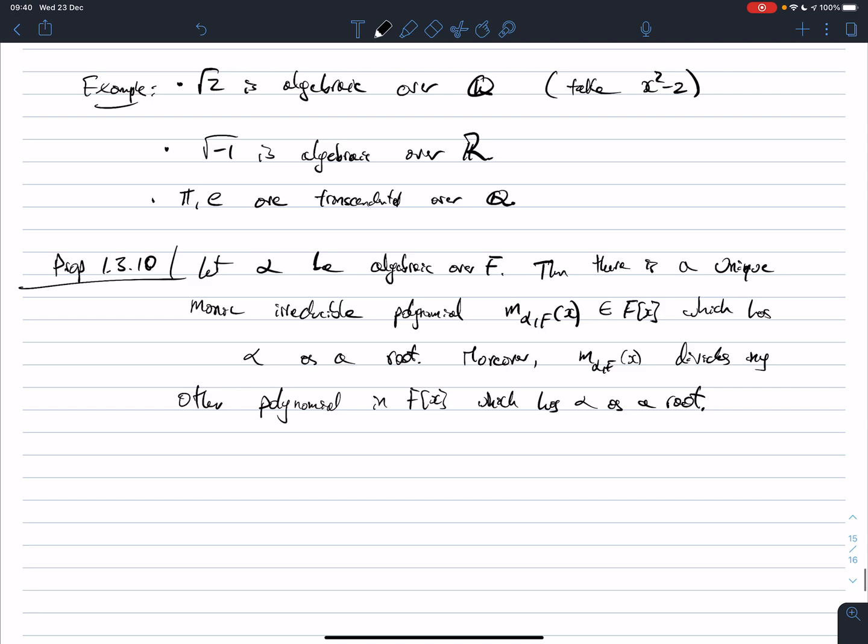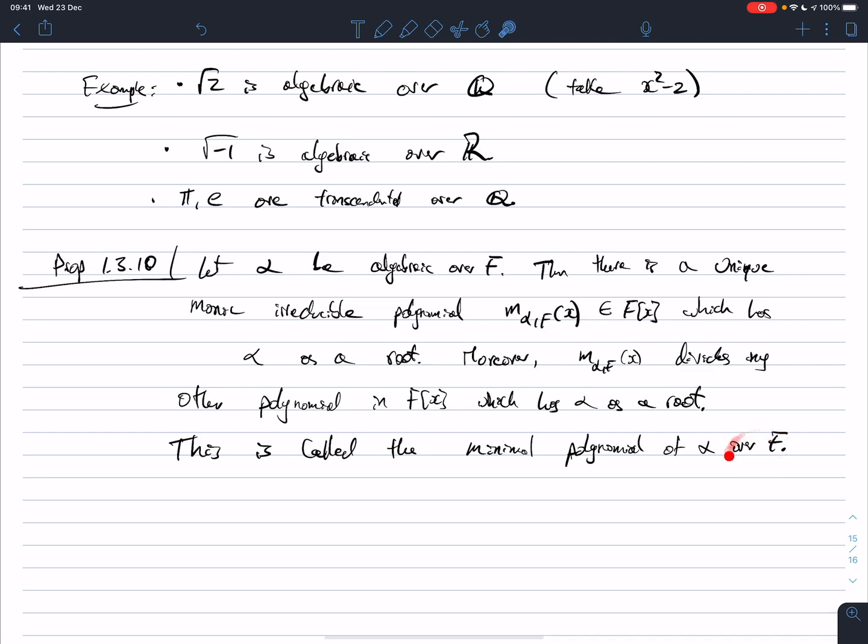So as I already mentioned, this is called the minimal polynomial of alpha over F.